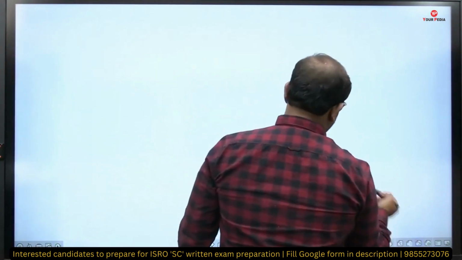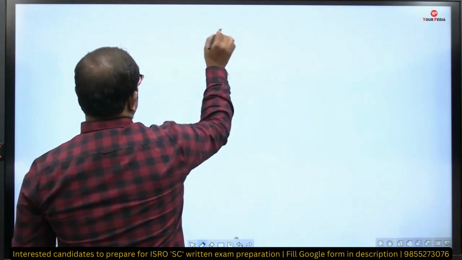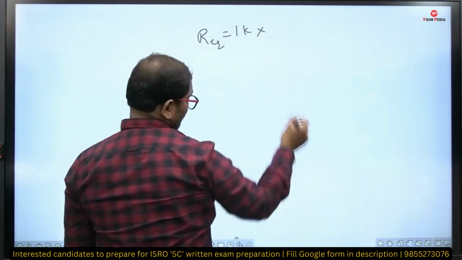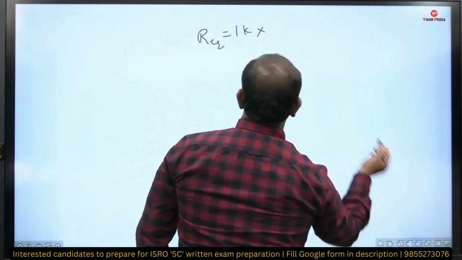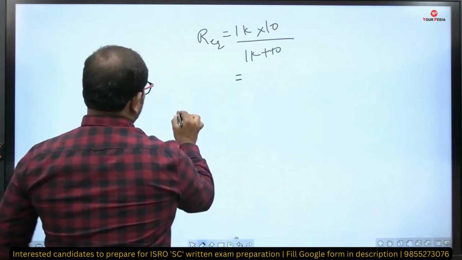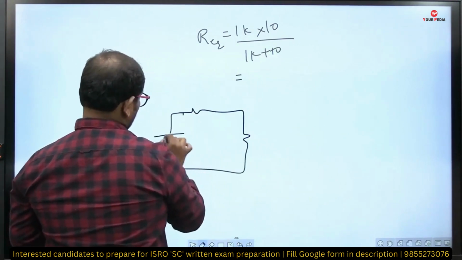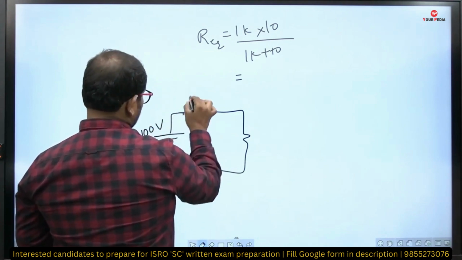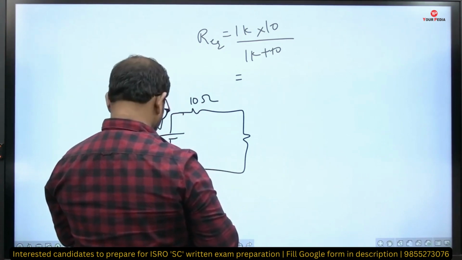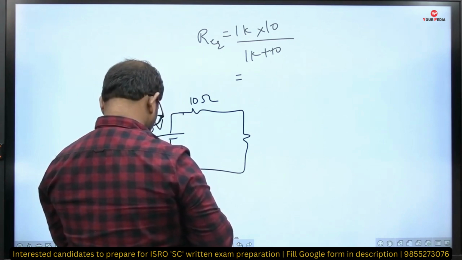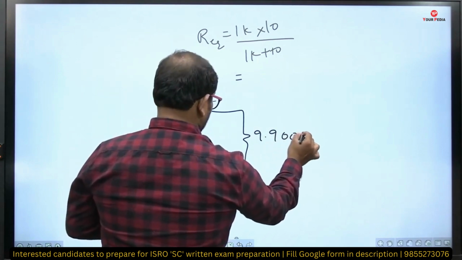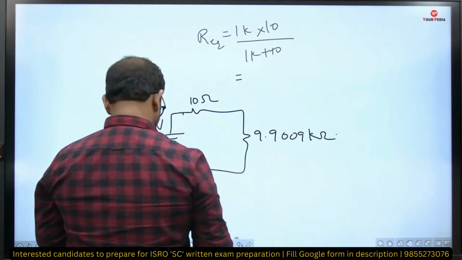Because the 1 kilo ohm is connected in parallel, what is the equivalent resistance of this parallel combination? 1k into 10, the resistance of the meter, divided by 1k plus 10. This will be equal to 9.9009 ohms.